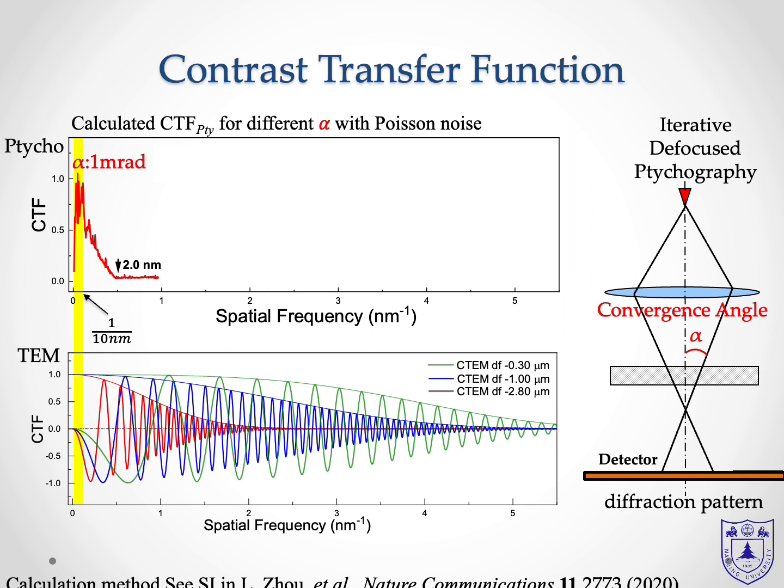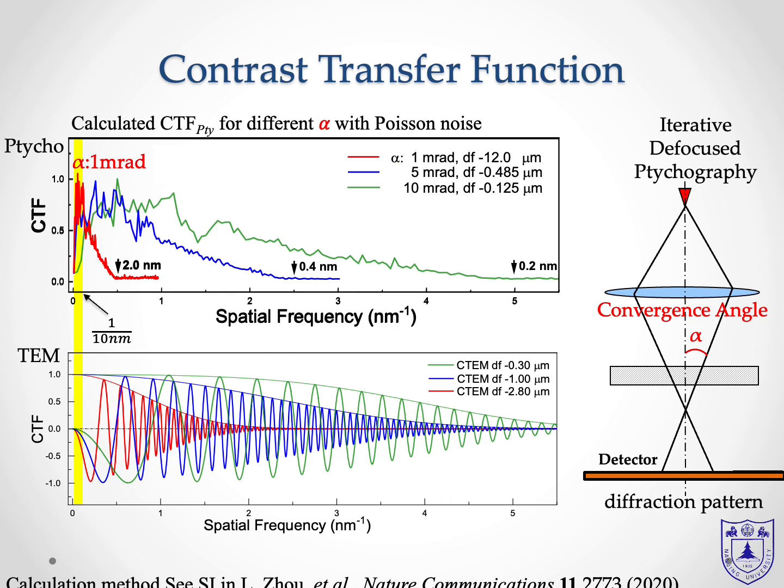Finally, we can change the converging angle to shift the bandwidth of the contrast transfer function from high frequency to lower spatial frequency, and this is a significant advantage for ptychography in that the CTF can be tuned to enhance the information transfer within a particular spatial frequency range for a particular sample.